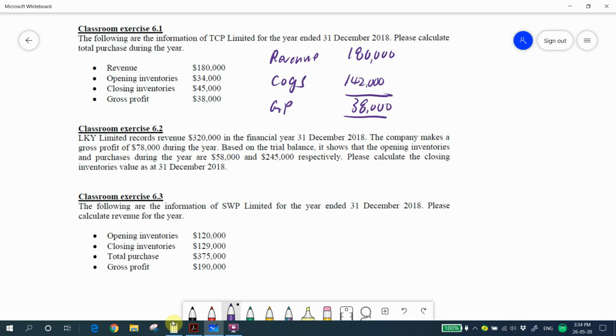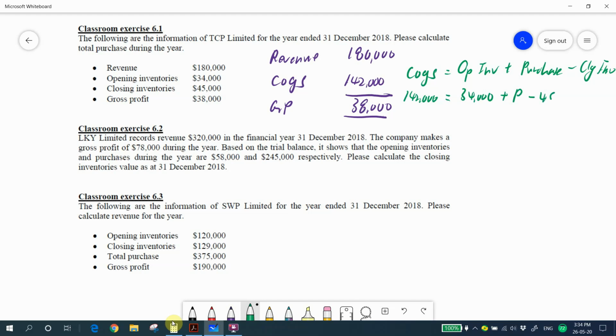We know that the formula of COGS is opening inventory plus purchases, less closing inventory. We have the COGS amount, which is 142,000. Opening inventory value is 34,000. Purchases we don't know, so we put a P first.